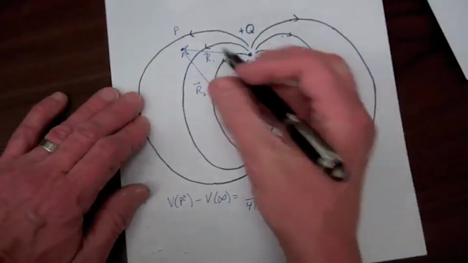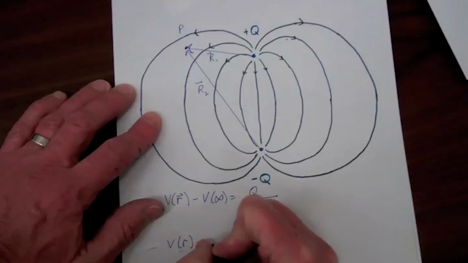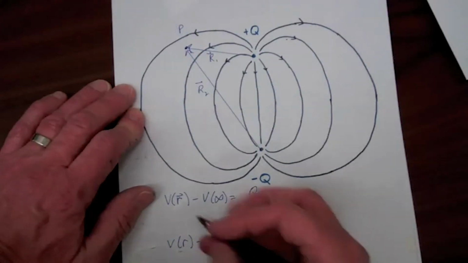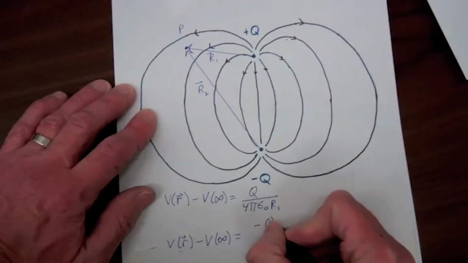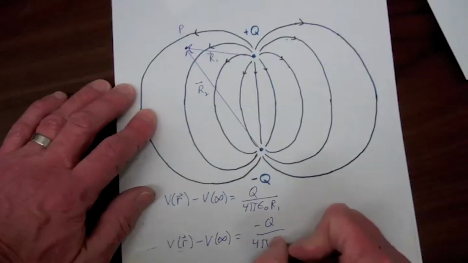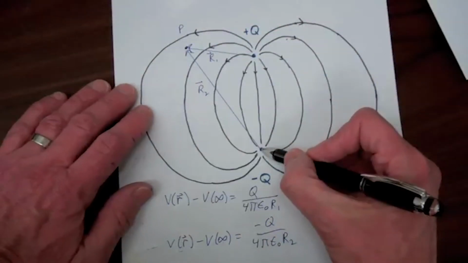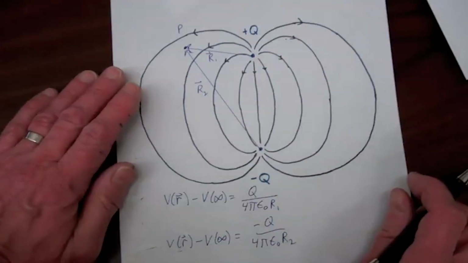And the potential at our point P due to our minus q is the amount of work to bring 1 coulomb of charge from infinity to position r with just minus q there. It is minus q over 4 pi epsilon sub 0 times the distance our point is from our charge minus q, or the length of this vector, just r sub 2.